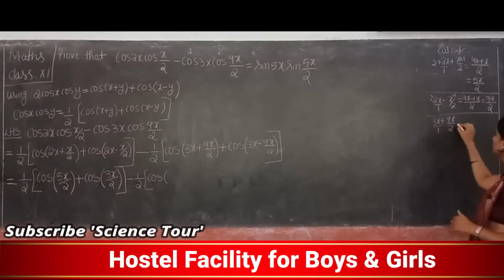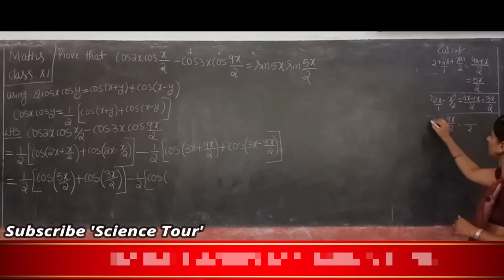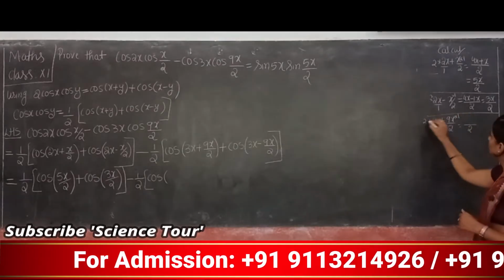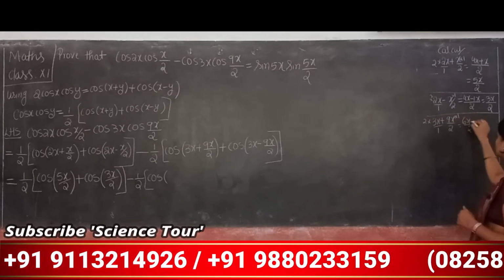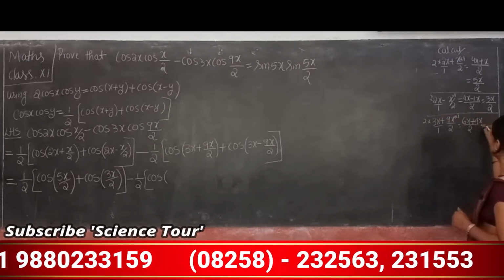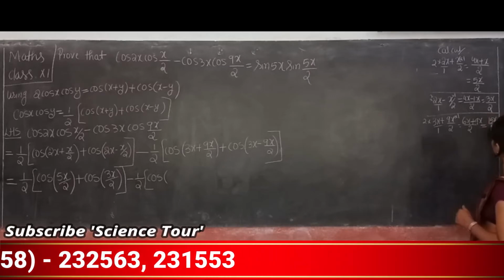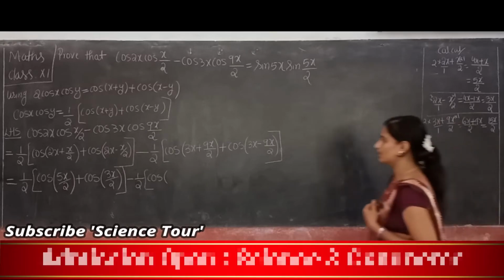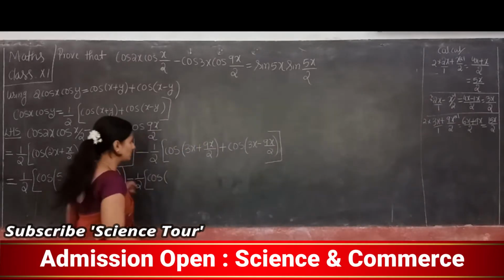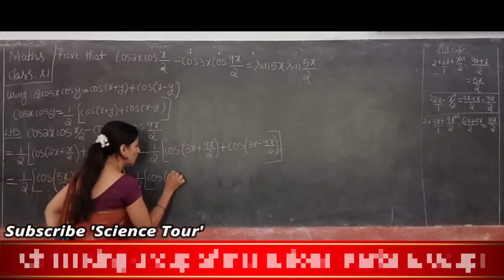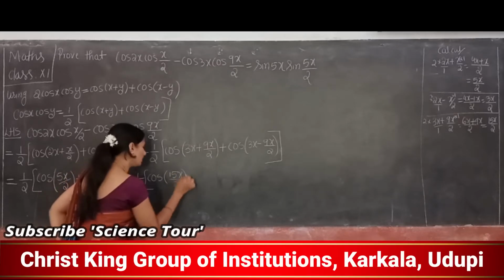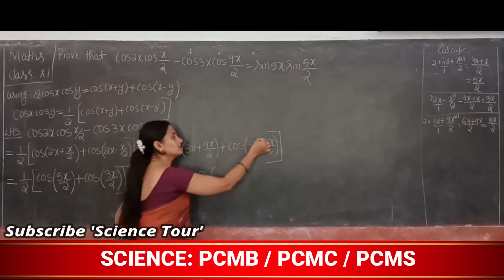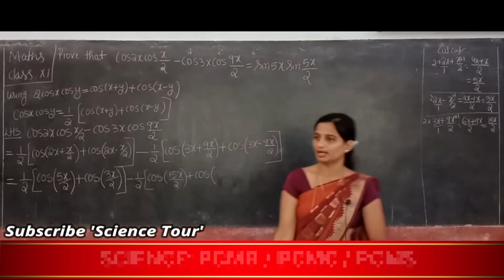So 1 and 2, the LCM is 2. 1 how much? 1 2s are 2. 2 how much? 2 1s are 2. 2 into 3 is 6x plus 9x. So it is 15x divided by 2. So 3x plus 9x by 2 is 15x divided by 2. Plus cos, now 3x minus 9x divided by 2.